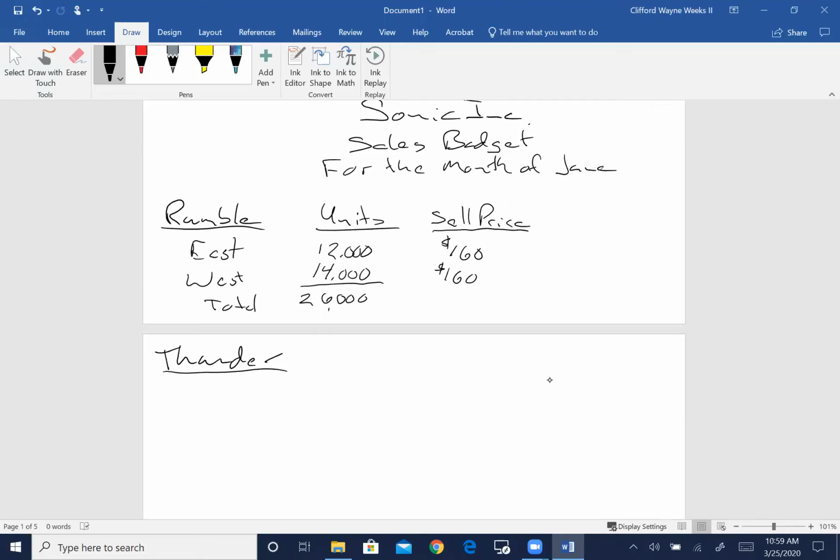And so all we have to do then is multiply these across. So 12,000 times 160 comes out to total sales of 1,920,000. And then we're going to do the same thing for the West Division, 14,000 times 160.